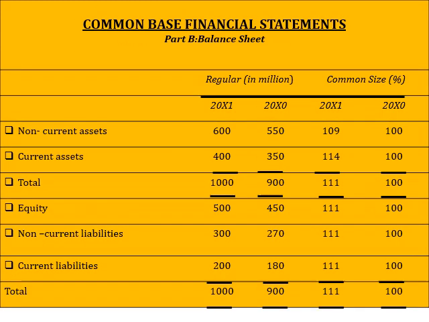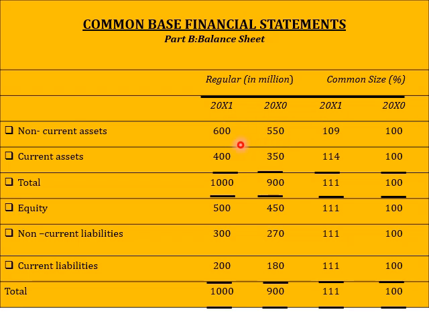The common base balance sheet is constructed in a similar manner. We have the regular balance sheet of Horizon Limited for 20x0, which is the base year. So base year numbers in relation to base year would obviously be 100%. We have the regular balance sheet for 20x1. The 20x1 number in relation to the base year number is shown here.